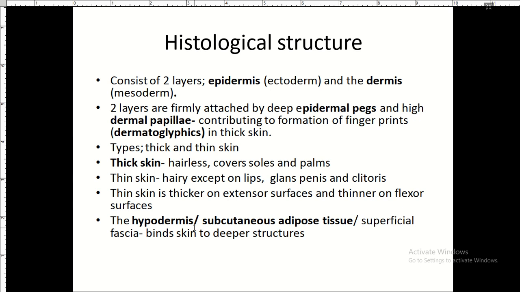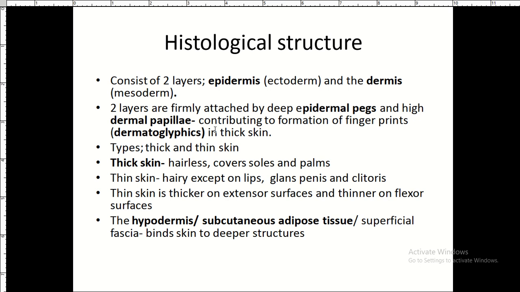The thin skin is thicker at the extensor surfaces than the flexor surfaces. For instance, check the skin at the knee joint. You can see it is thick at the extensor and thinner at the flexor. Even at the elbow joint, it is thick at the extensor and thinner at the flexor.